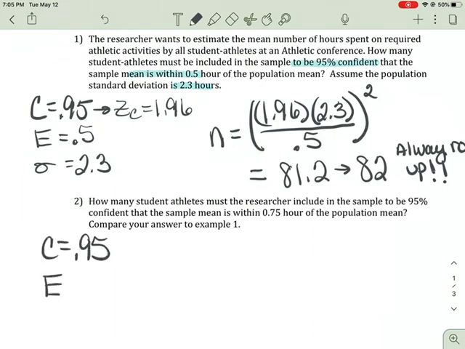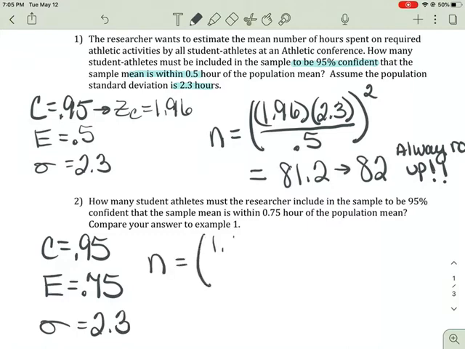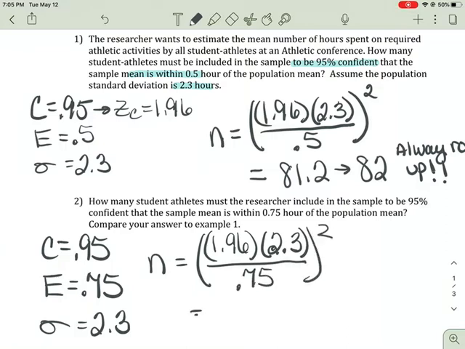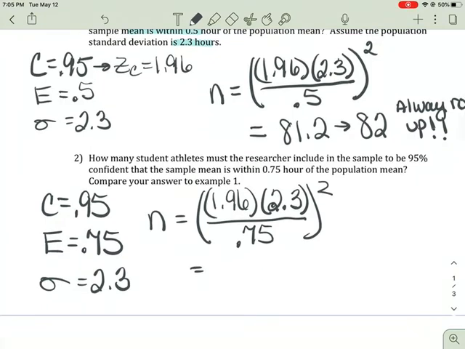All right, so we're still having a C level of 0.95. This time our E is 0.75. Our omega is still 2.3. Okay, so let's keep the same Z. 1.96 times 2.3 all over 0.75, and then we're going to square that.